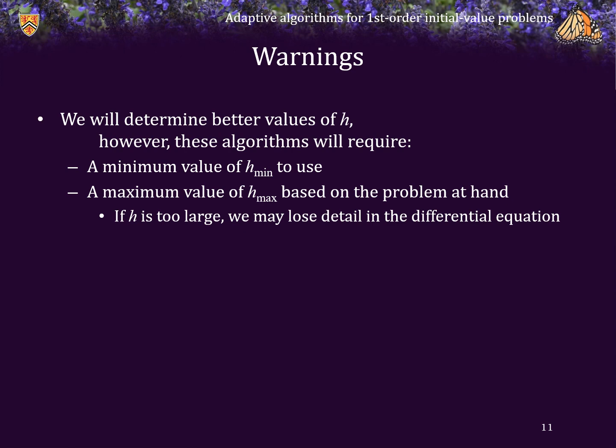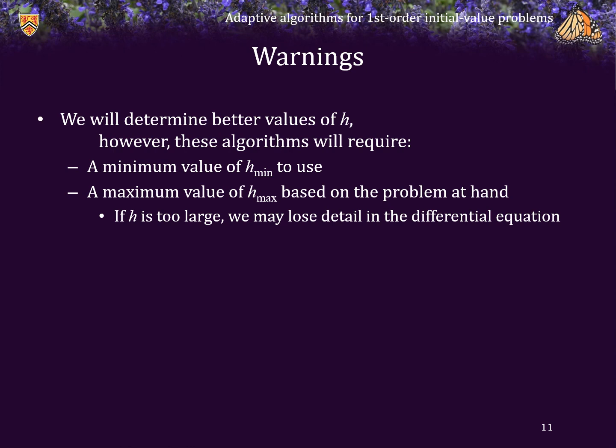However, we also need a maximum value of h based on the problem at hand, because after all, if you have, for example, a reasonably smooth forcing function which has a pulse that is of width less than half a second, then if your h value is greater than a second or even more, then there's a good chance that the ODE solver may simply pass over that pulse and ignore it.